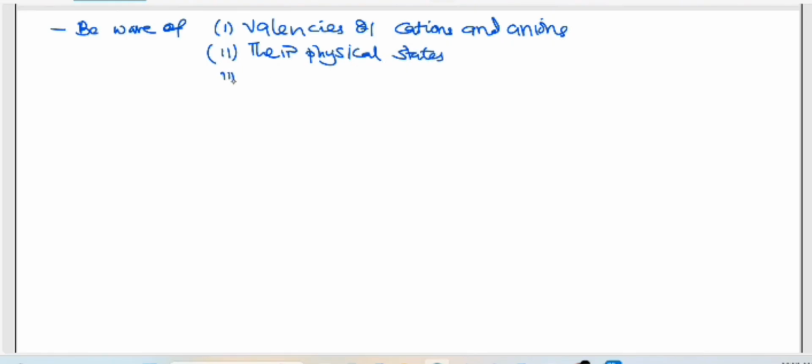And number 3, how to balance equations correctly.